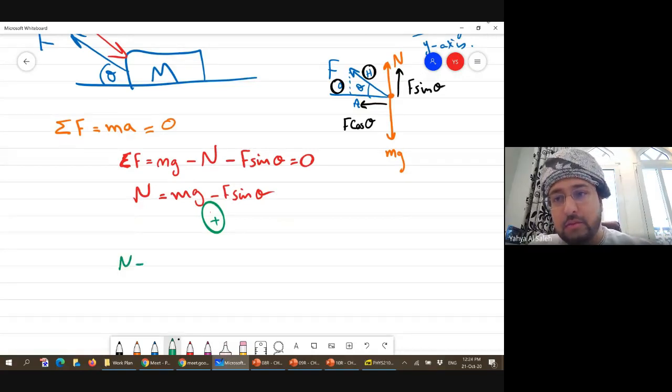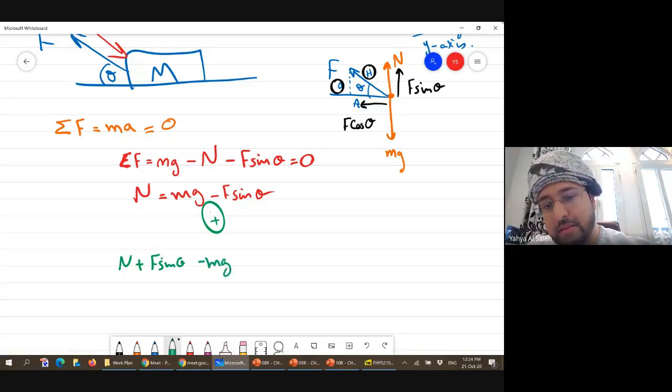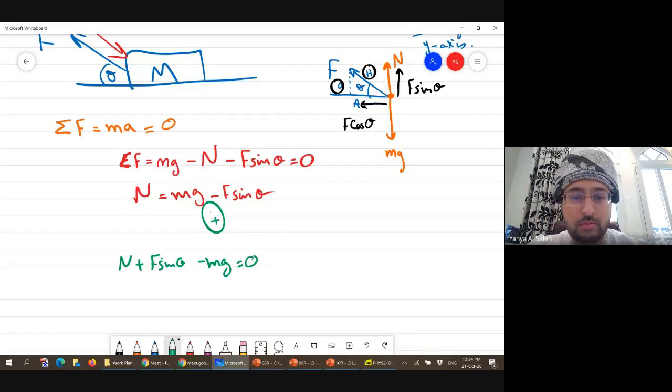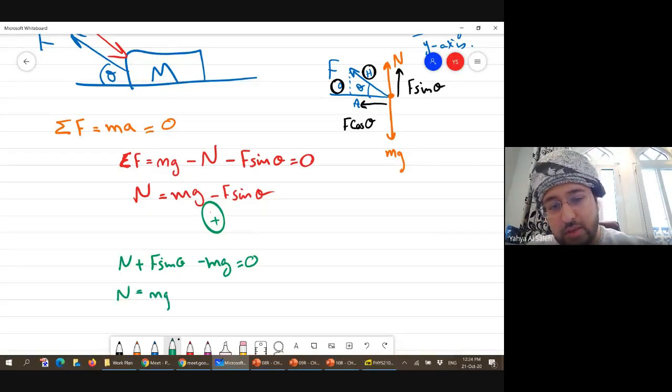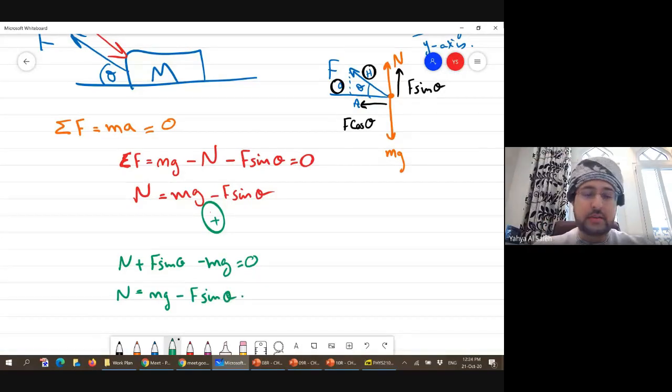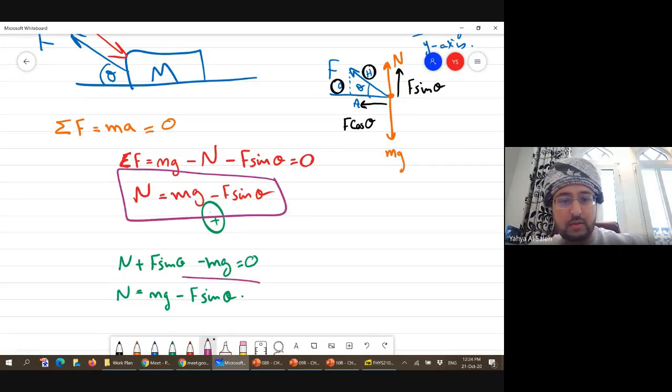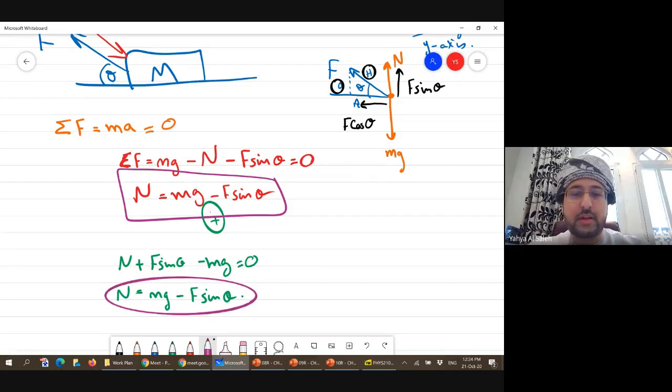I will do n plus F sine theta minus mg equals 0. So my n will still be mg minus F sine theta. So you will end up with this and this being absolutely equal.